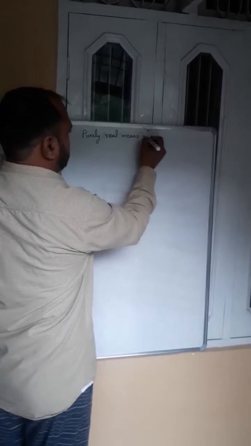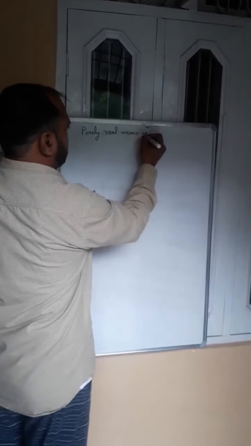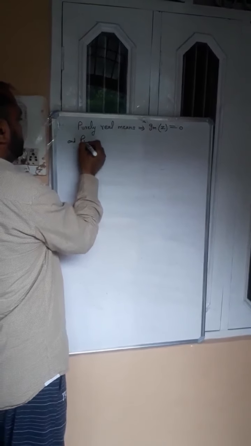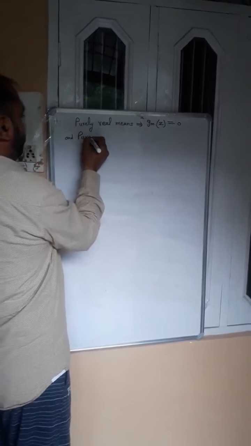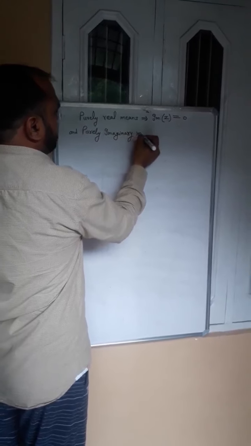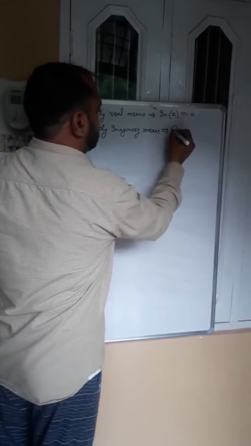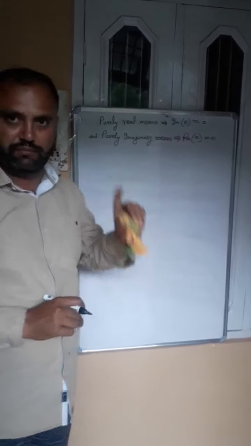Purely real means the imaginary part of the complex number is equal to 0, and purely imaginary means the real part of the complex number is equal to 0. So I hope you understand this topic, purely real and purely imaginary.